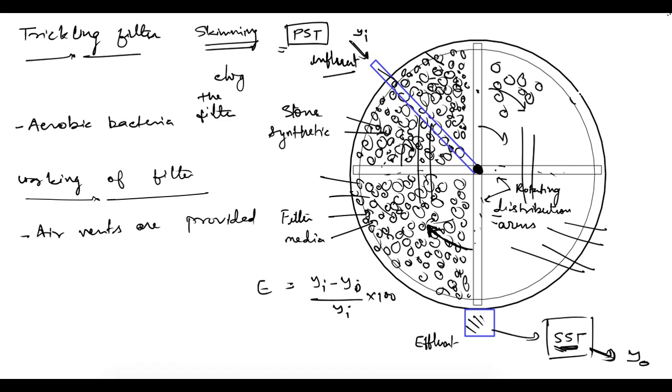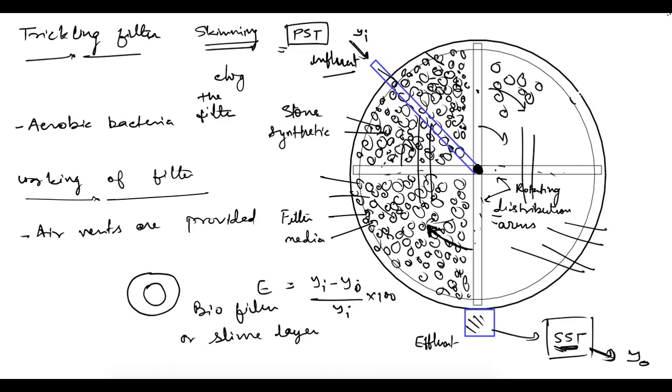Now what happens, as the sewage passes through this filter bed, it comes in contact with this filter media. On this filter media a film is formed that we call biofilm or slime layer. This slime layer helps in the treatment of the sewage.